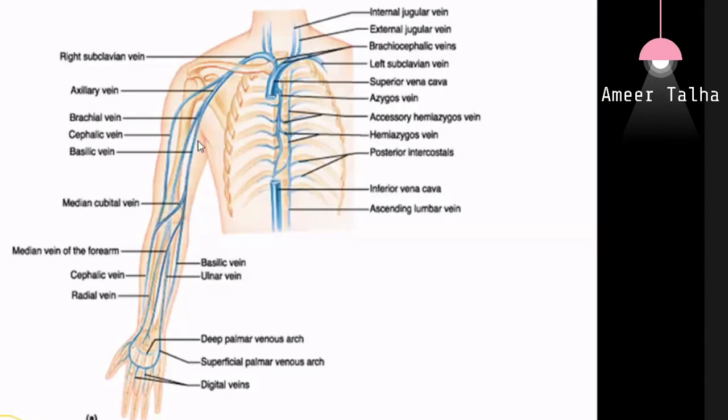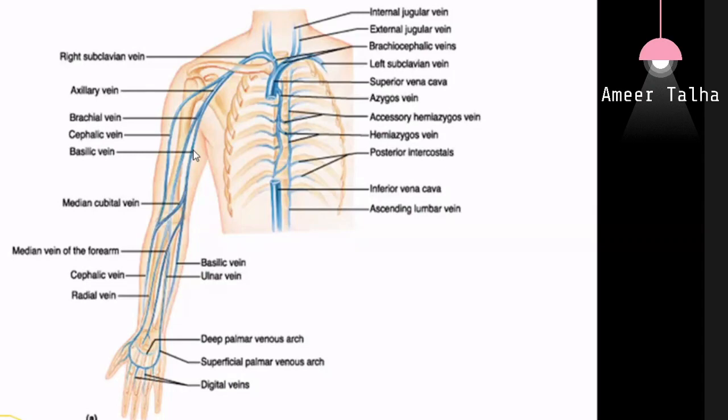The typical difference between these two: the diameter or the lumen of the cephalic vein continues as such throughout the course, whereas as the basilic vein moves upward, its diameter increases.